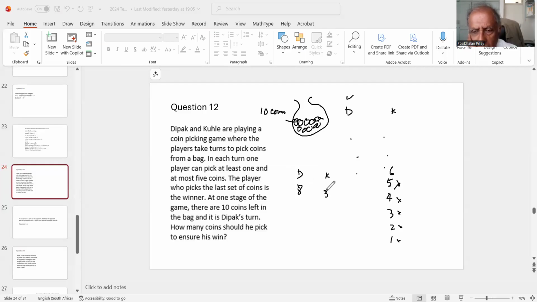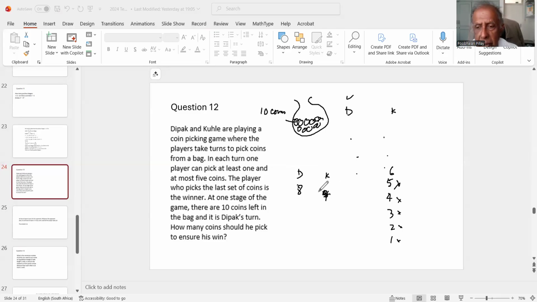If he takes 4, Deepak still wins because he's left with 4. And if Kushler takes 3, right, now Kushler can take at most 5, so he can't take more than 5.